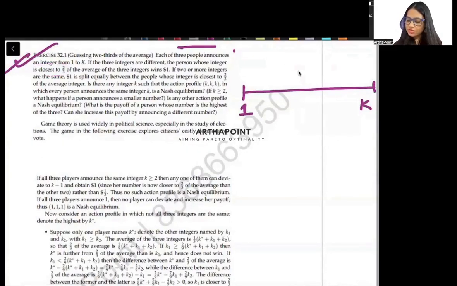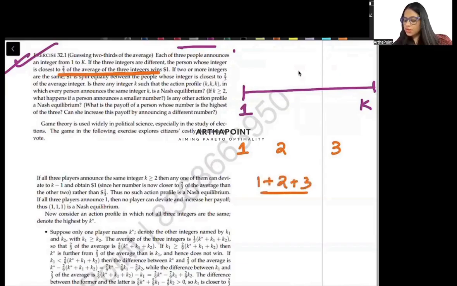So if the three integers are different, say one person chose 1, the second chose 2, the third chose 3, the person whose integer is closest to 2/3 of the average of the three integers wins. So what is the average of the three integers, beta? The average is 2. And what is 2/3 of the average?